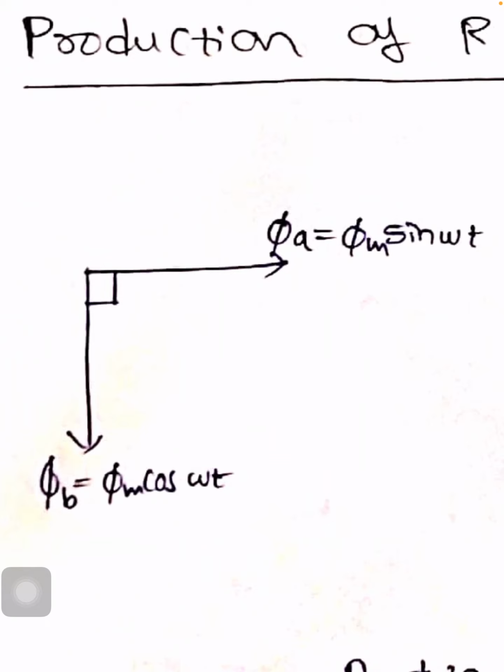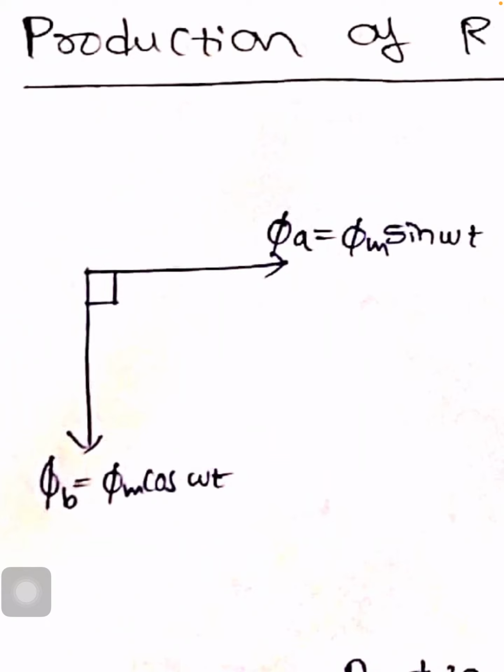At the instant ωt equal to 0, φA vanishes completely, because φm sin 0 gives 0, and 0 multiplied by φm gives 0, so the φA phase vanishes completely.